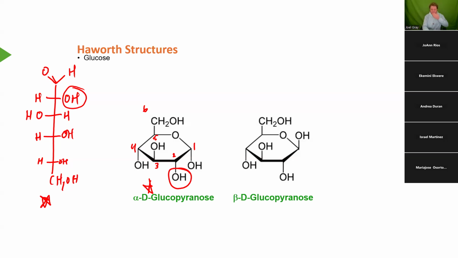My hydroxide group for carbon number 3 is on the left, and whenever I draw it as a ring, it is up. On the right, down. So right, left, right translates to down, up, down. Does anyone have any questions about that?